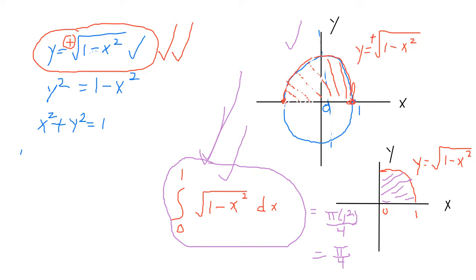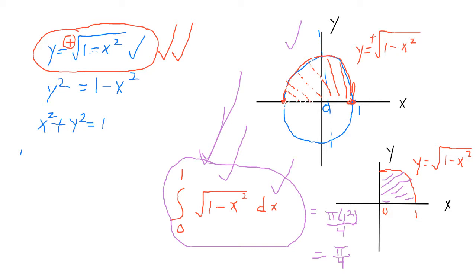Okay? So for example 4, that's how you get that definite integral, the answer. The answer is pi over 4. So they're using geometry. It's okay, that's fair.